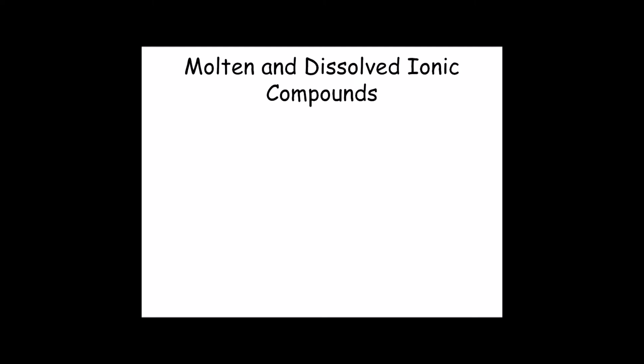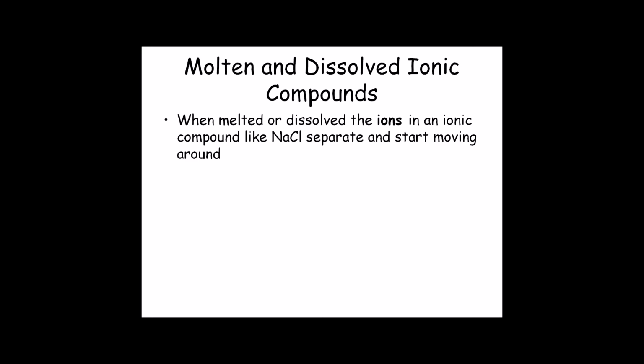So let's have a closer look at molten and dissolved ionic compounds. So when the ionic compounds are melted or dissolved, the individual components, the individual ions, separate and are able to start moving around. So for example, in sodium chloride here, we've got Na, sodium, Cl, chlorine.